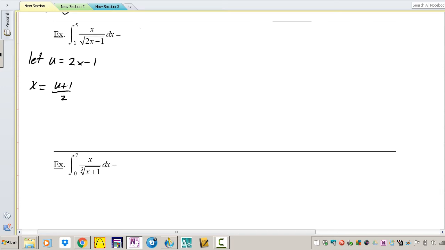So it's going to be the integral, and this time we're doing definite integration, the integral from 1 to 5 of x, which is now (u plus 1) over 2, all over the square root of 2 times (u plus 1) over 2 minus 1, du.